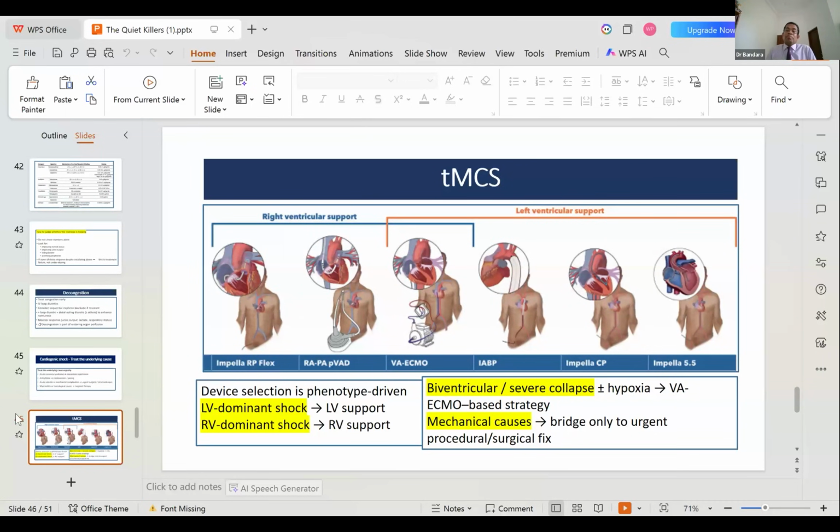There are various kinds of devices available for patients who need mechanical support. It depends on where the pathology is and where the structural defect is. So you can decide whether you need right ventricular, left ventricular or mixed type of mechanical support.